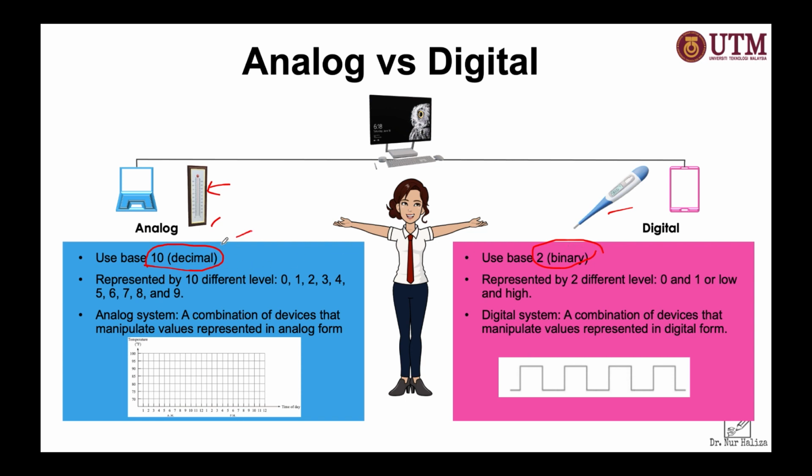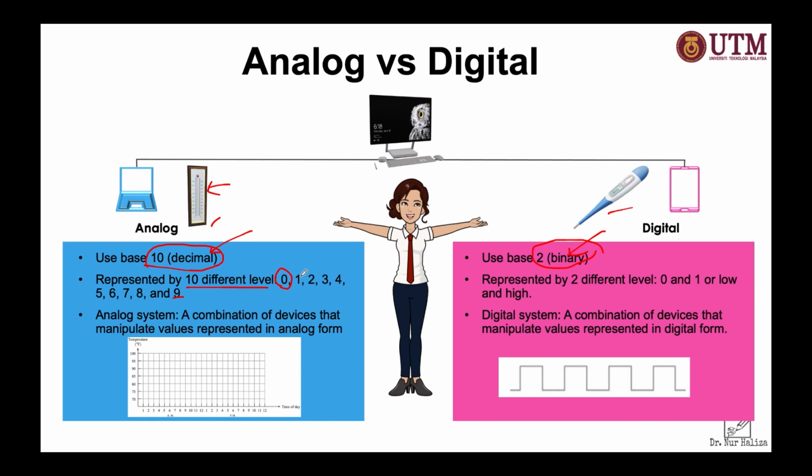I hope you already learned this term in our mathematics last time. I hope you can still recall it, and in our next module we will also learn about this. Analog is represented by 10 different levels, because we are in decimal or base 10, which is from 0 to 9.